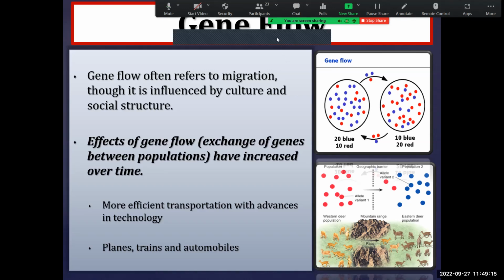As long as these two populations of deer are able to reproduce and produce viable fertile offspring, then there will begin to be a cohesiveness of traits and genetic information between the western and eastern deer population.